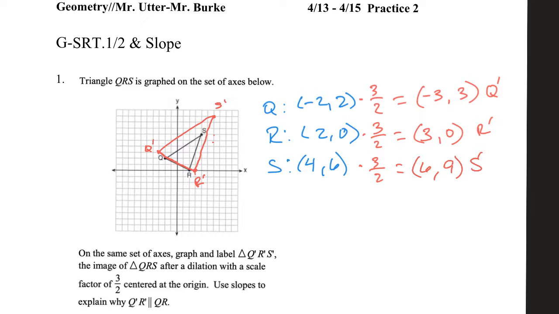So using what we know about slopes and dilation, explain why QR is parallel to Q prime R prime. Well, Q prime R prime is parallel to QR because we know that dilation preserves parallelism.